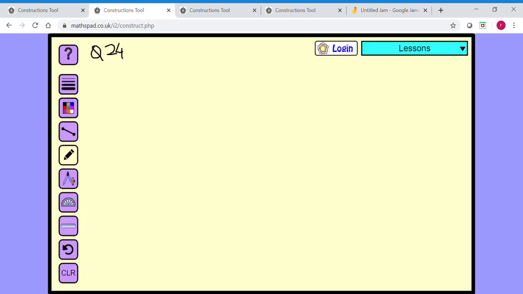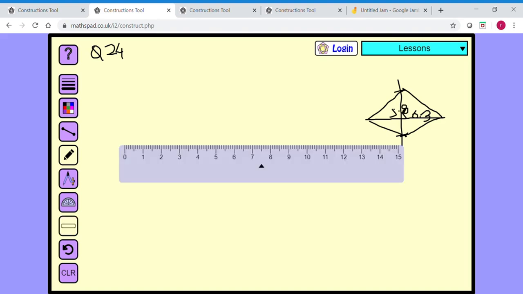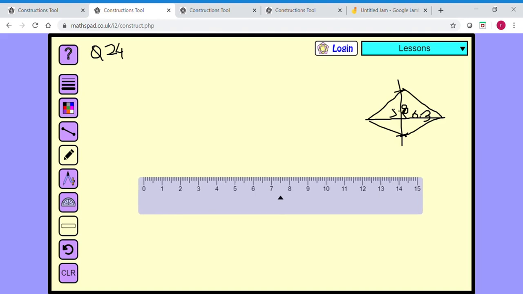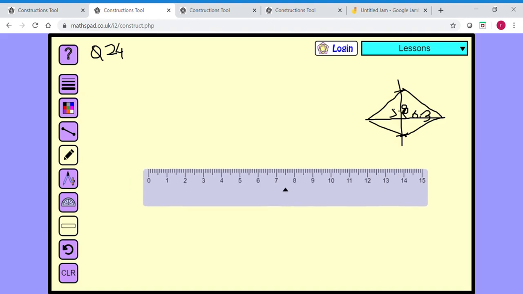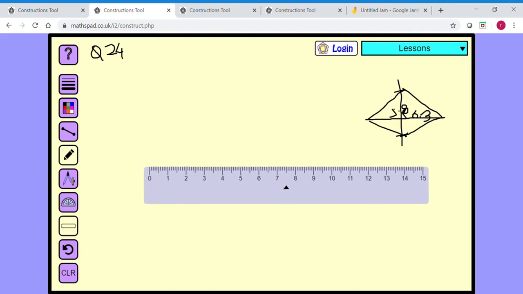So for my reference, I have my first diagonal, this is my second diagonal, and this is how I construct it. Perfect. The first diagonal was 6.3 and the second diagonal was 5.8. So let me start by drawing my first diagonal, which is of length 6.3.